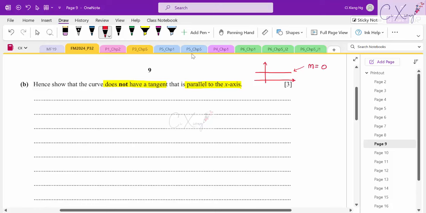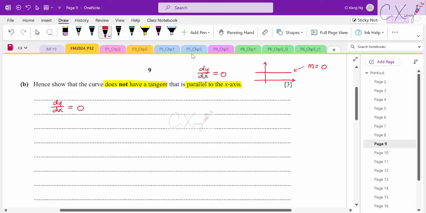When they say the tangent is parallel to the x-axis, it means that dy dx equals 0. So first, I want to let dy dx equal 0 here and try to solve the equation.